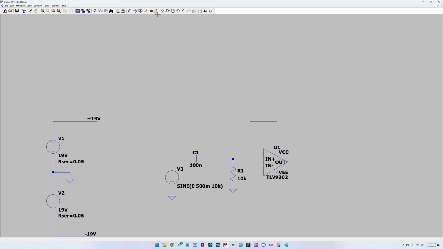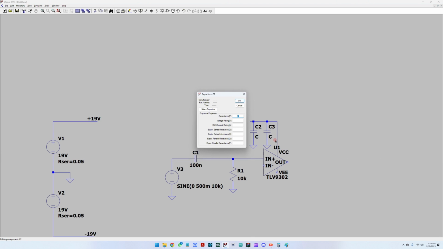I would also like to add here two capacitors for each stage, just so that we make the design a bit more realistic. These capacitors should be placed as close as possible to the supply pin here.